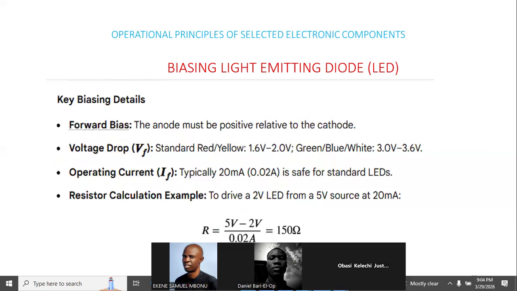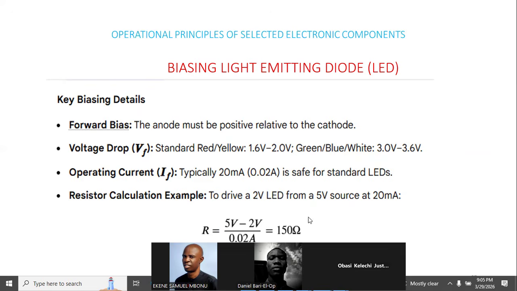Okay, so we take an example. To drive a 2 volt LED from a 5 volt source at 20 milliamp, that is, you want 20 milliamp to pass through the LED, you simply do 5 volts minus 2 volts over 0.02. So you get your 150 ohms. That will be your series resistor.